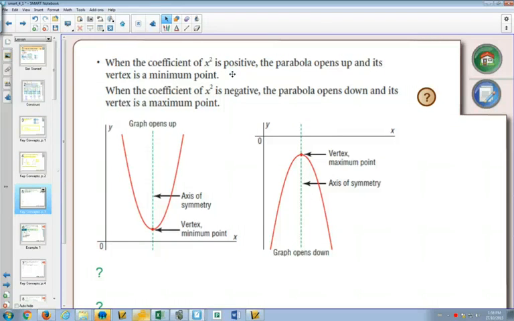And one of the things you already noticed is that when the coefficient in front of the x squared is a positive number, your parabola opens up. But when you had a negative in front of the x squared, it opens down.